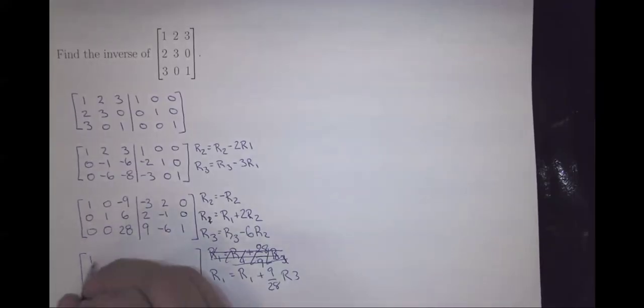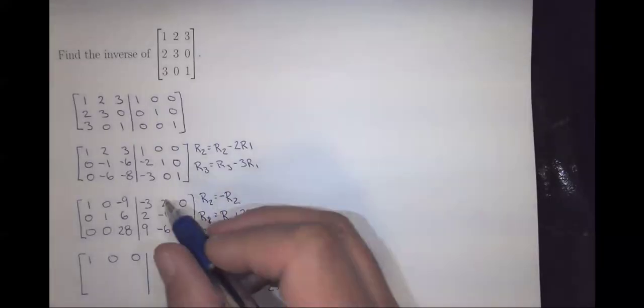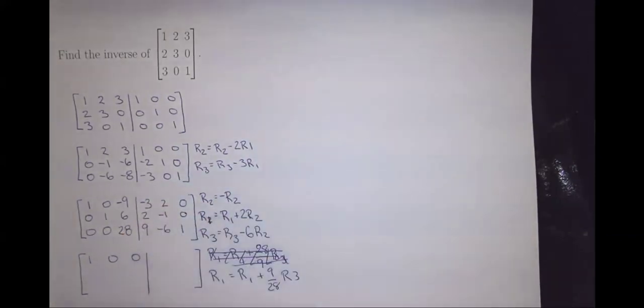So we get 1, 0, 0. We have negative 3 plus 9 times 9 over 28.